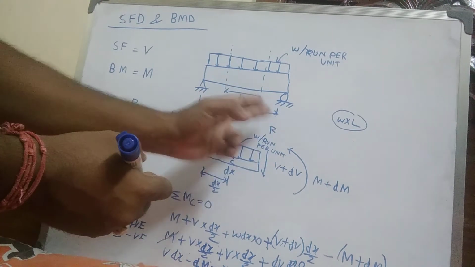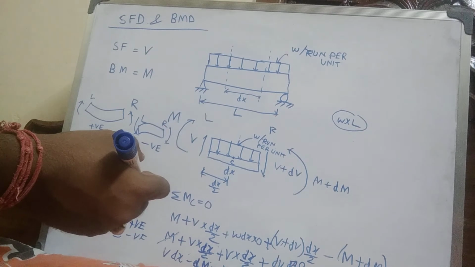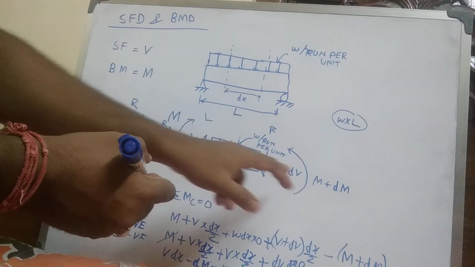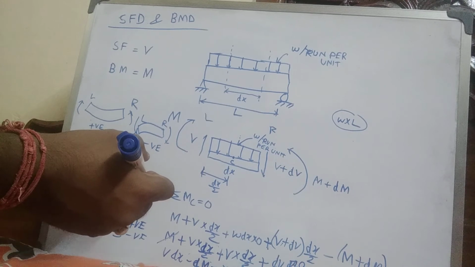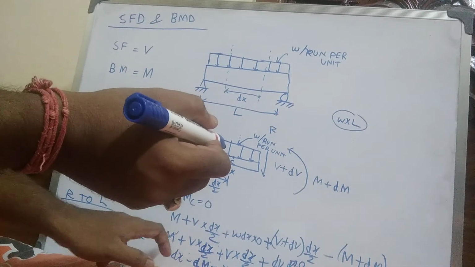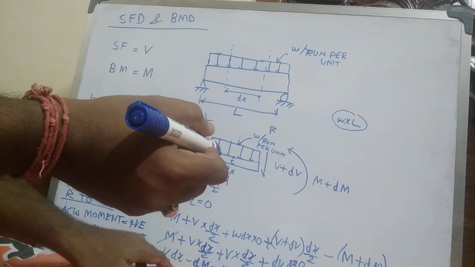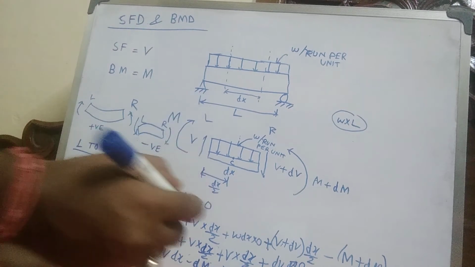This one is anti-clockwise going left to right, so its sign is negative. Then calculating, we get V into dx minus dM equals 0.